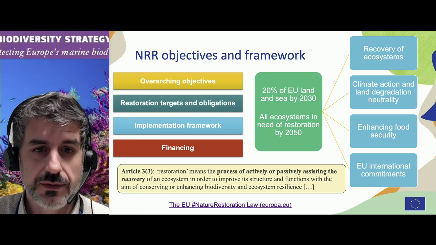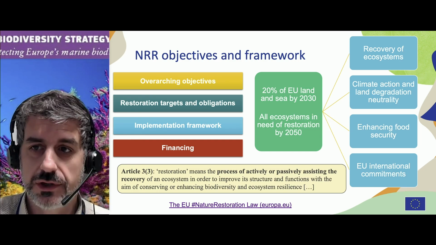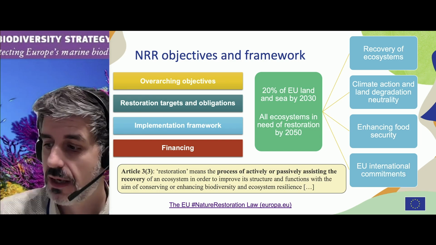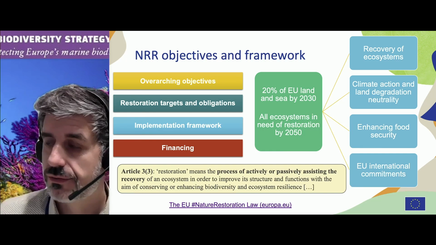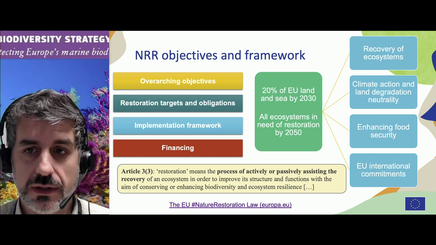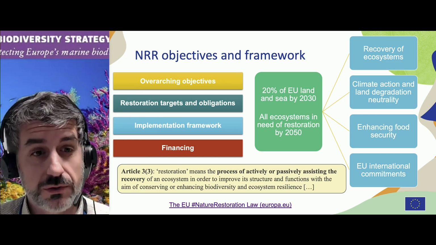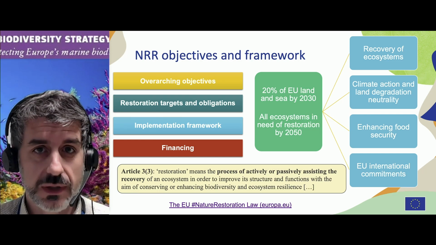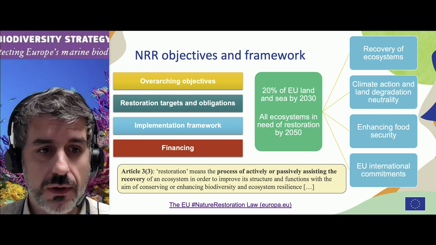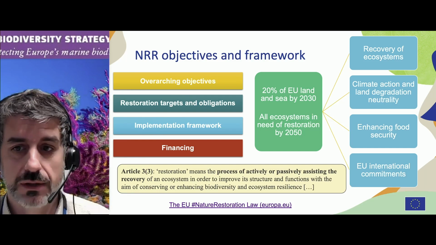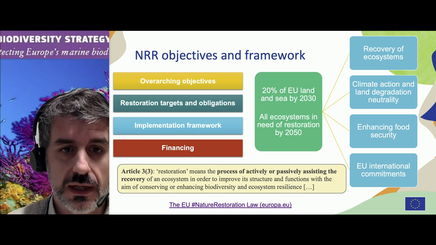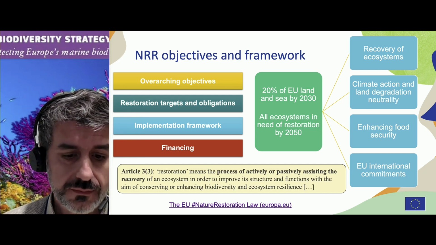On the right side, you can see the main objectives that we aim to achieve. First and foremost, that's the recovery of ecosystems, but also to help our climate action and the land degradation neutrality objectives, to enhance food security, because we know healthy ecosystems are a prerequisite for that, but above all, to contribute to our international commitments for restoration set under the Convention on Biological Diversity.